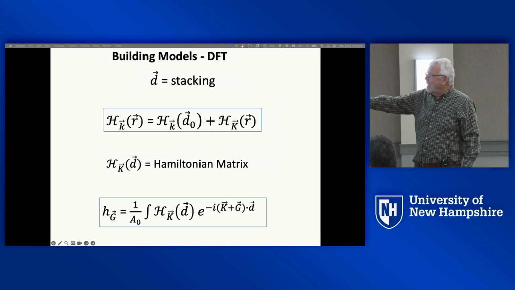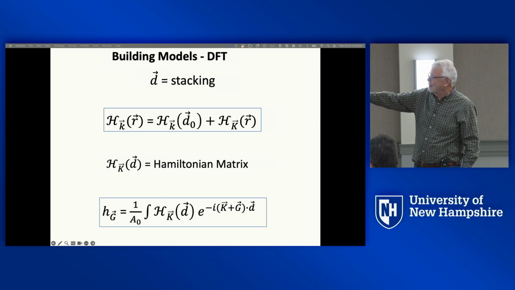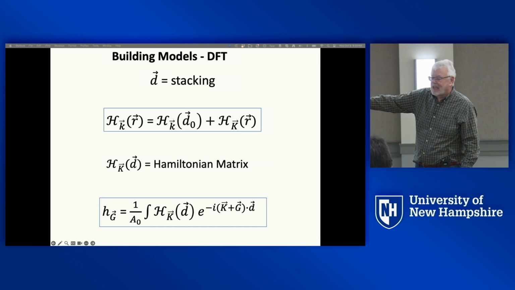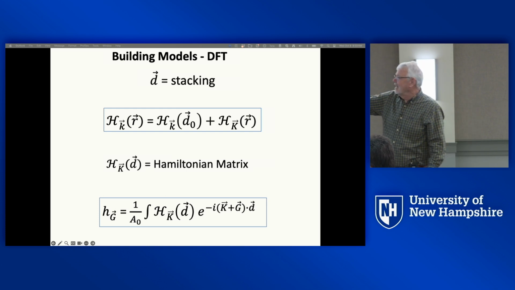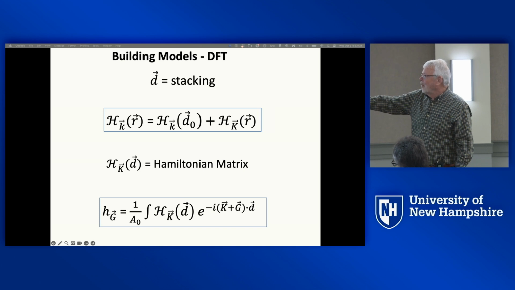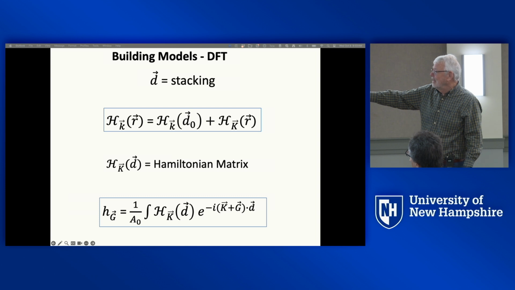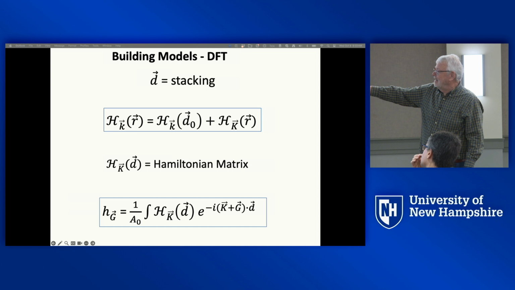I showed you a Hamiltonian with a block periodicity. And so this Hamiltonian has this correction term I was talking about, which is local in space. But we have to include the k-dependence of the Hamiltonian that we originally had. And so, one practical recipe for doing that is just include the k-dependence at some representative stacking and include the stacking dependence at one momentum.